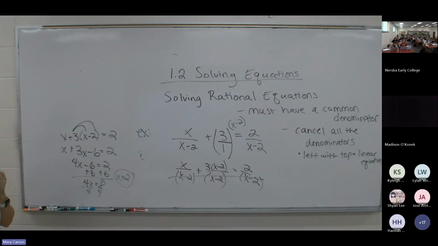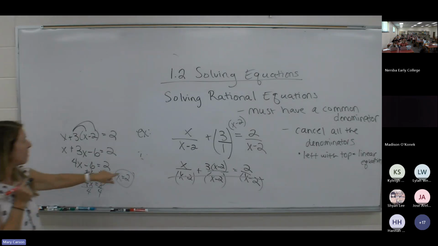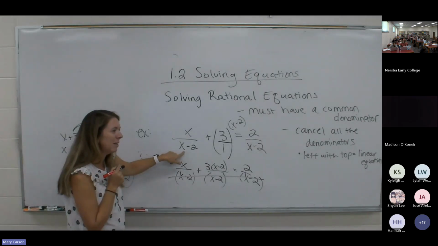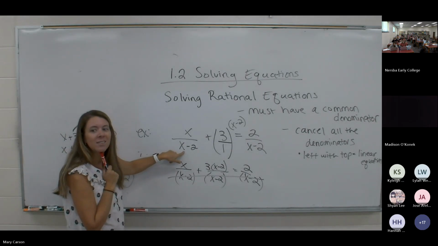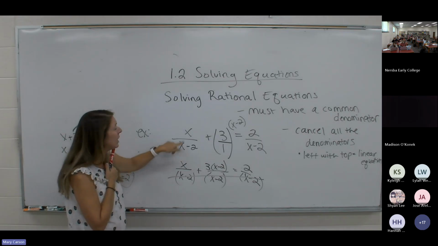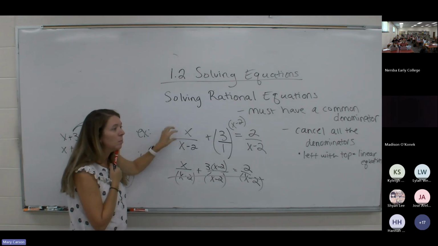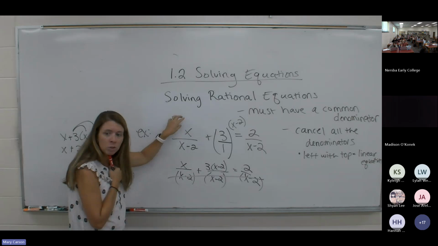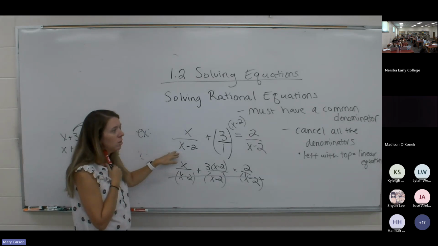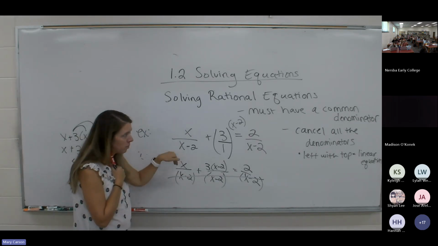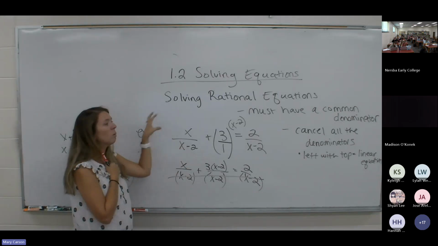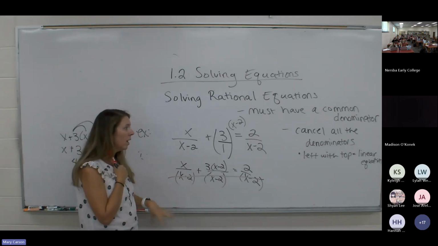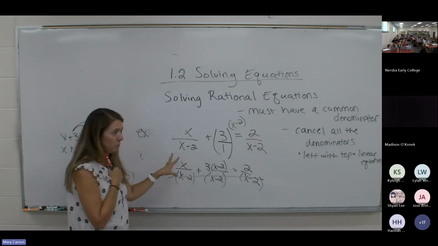If I plug 2 in here, what does it give you on the denominator? 0. And can you put a number over 0? What if you put 2 over 0 in the calculator, what's it going to do? Error. Okay, so it's not possible. You can't have a 0 in the denominator. That's one of our rules. I don't know who came up with it, I don't know where it came from, but it's a rule, okay?